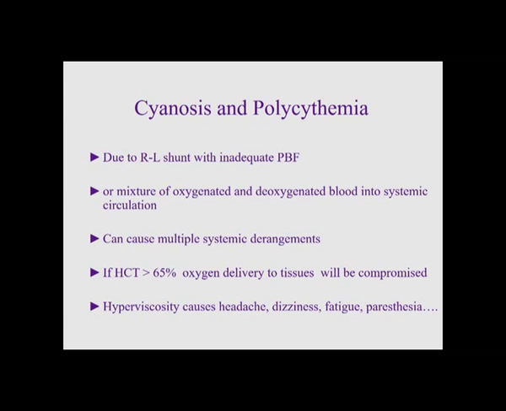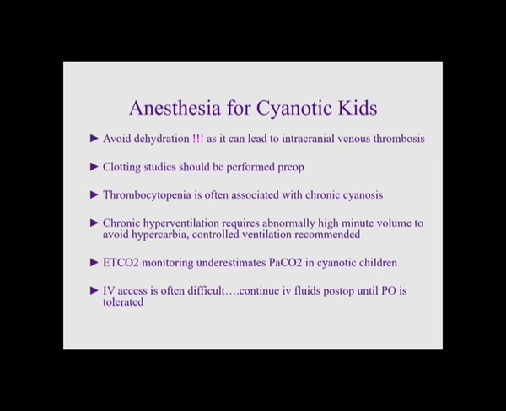And so that is a discussion that needs to happen also with the pediatric cardiologist, whether phlebotomy should be done or not. The signs for hyperviscosity actually are headache, dizziness, fatigue, and these are signs to look out for in these children. And of course, important here, avoid dehydration.